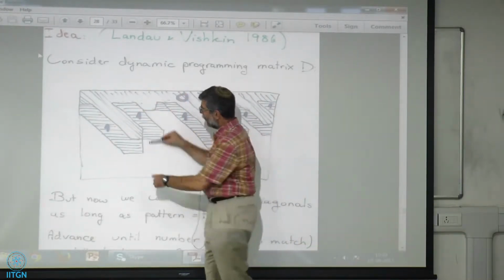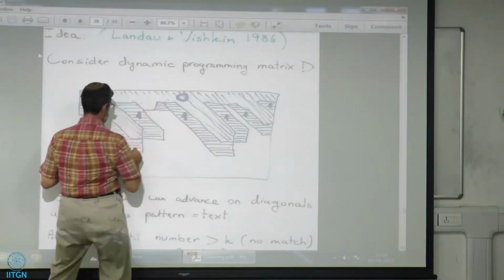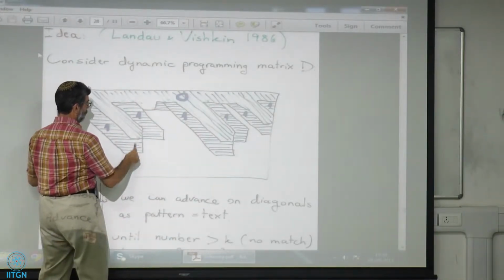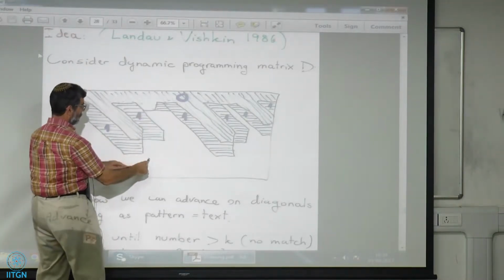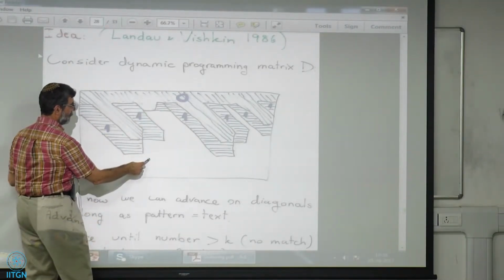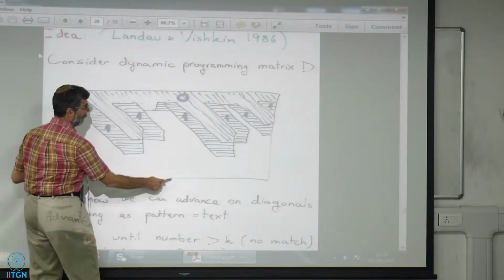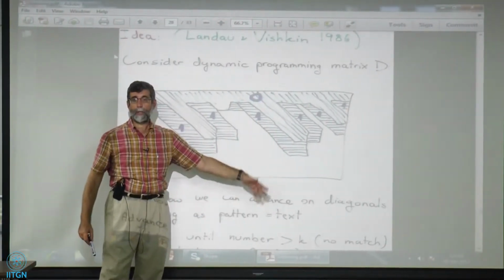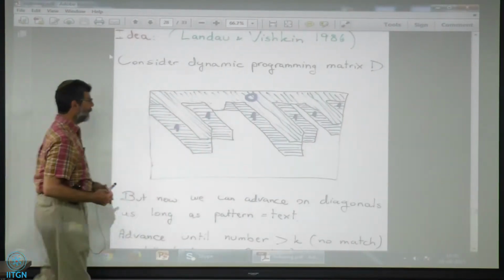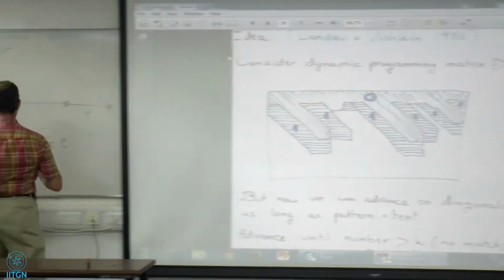But it could be that now, the text, so we have 1 all the way to here that we inherited, but the next one, so the text in this location and the pattern in this location are equal, and they're equal all the way. So then this 1 is going to go zoom all the way as far as it can go.